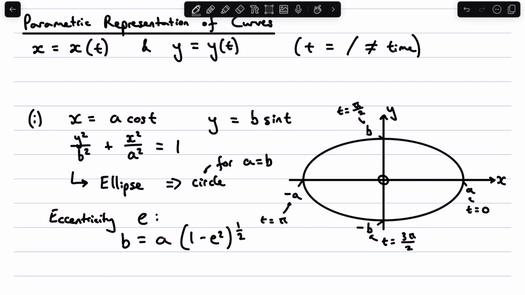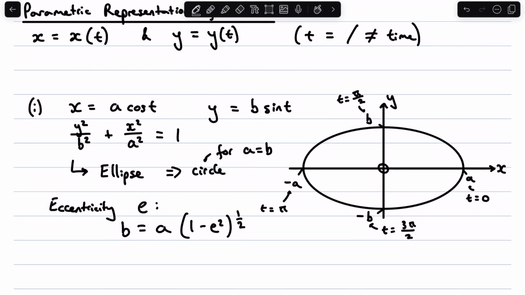And just as a sanity check, a circle should have an eccentricity of 0. It's not eccentric in any direction. And so if we just look at when it is a circle, a equals b, so this equation will become 1 equals 1 minus e squared to the half, i.e. e squared equals 0, therefore e equals 0 for a circle.